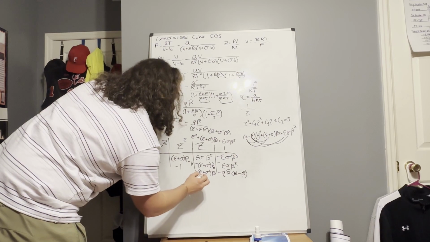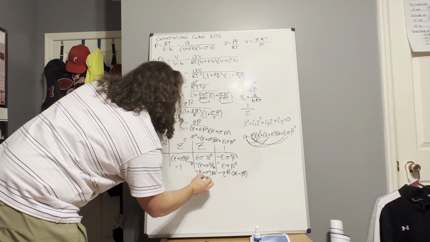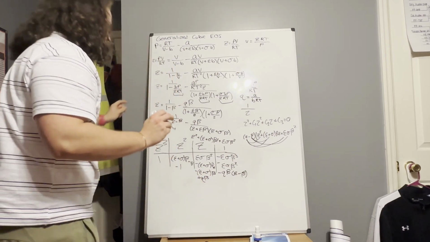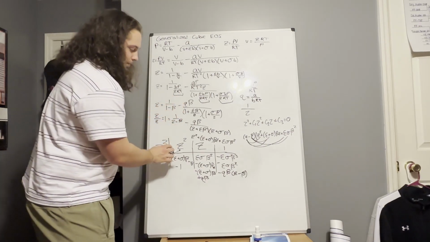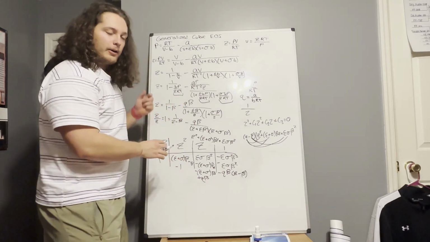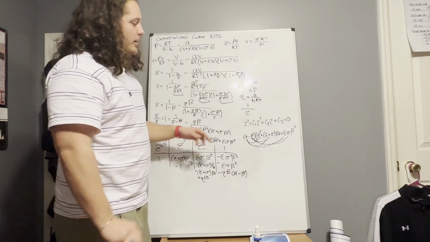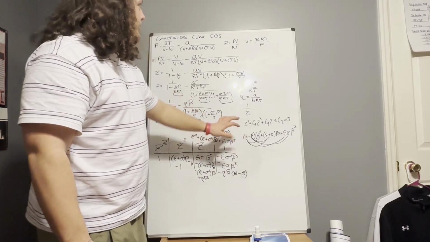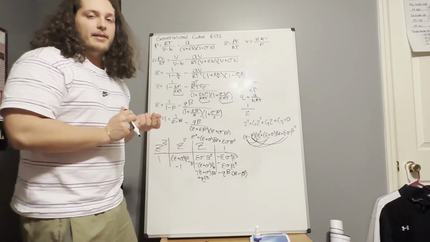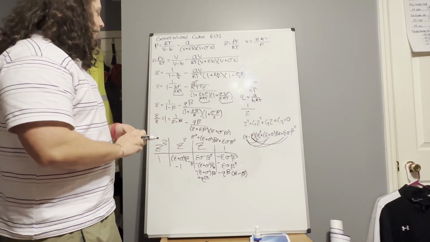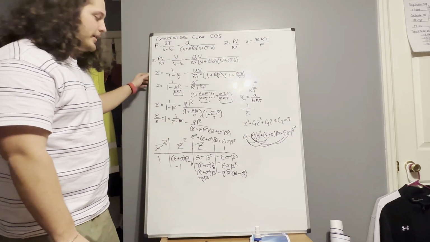We need to add a Q beta. So we have now completed our table consisting of our different coefficients for our cubic equation of state in the form of our compressibility.